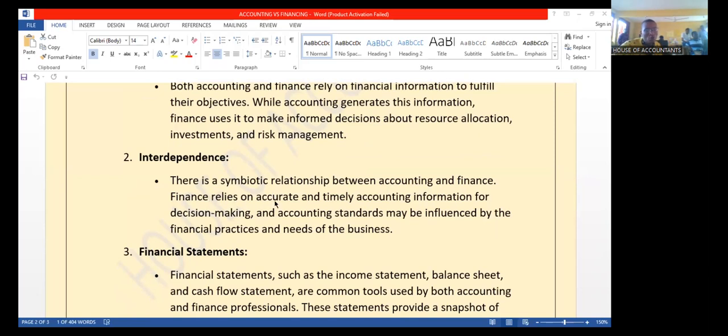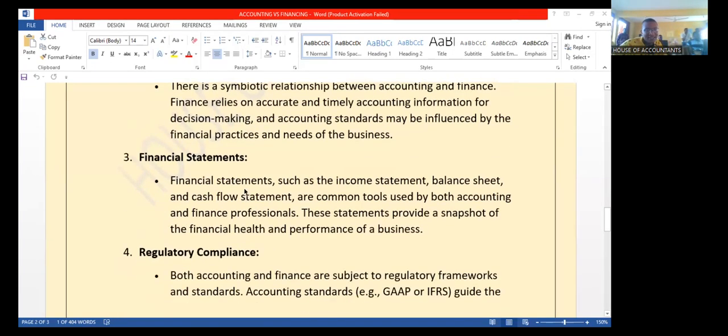Finance relies on accurate and timely accounting information for decision making, and accounting standards may be influenced by the financial practices of the business. So if Mr. Account is giving us wrong information, it means what we are forecasting will also be wrong. They depend on the accurate information we are providing.